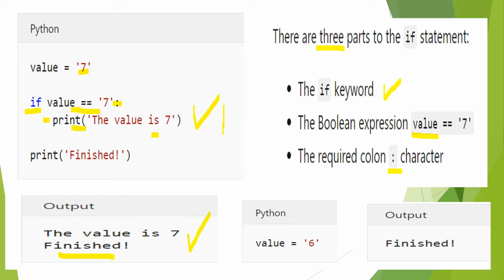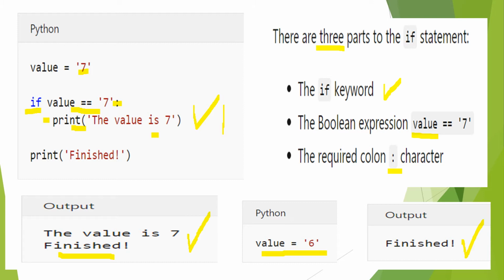To see how this code operates when the Boolean expression evaluates to false, modify the first line of code setting value to the string 6. Change it into this, value equals 6. Do not forget the single quote. So when you run the code, you'll see the following output: finished.